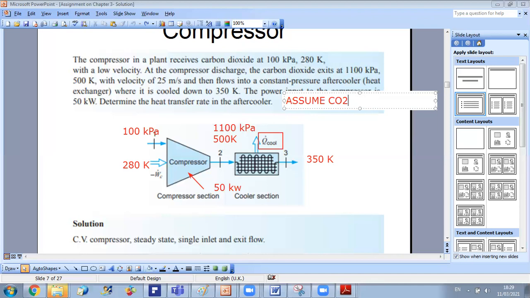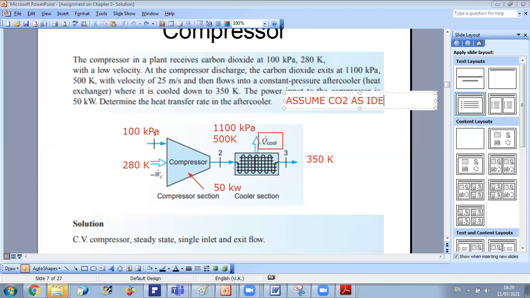Here, for example, I tried to use CO2 tables. You don't have a temperature up to 500 Kelvin for this pressure, so you cannot use the tables. They should tell you that we should take the ideal gas table. In general, this will be clear for you. So we assume CO2 as ideal gas.